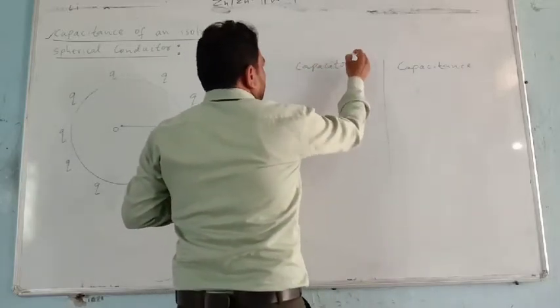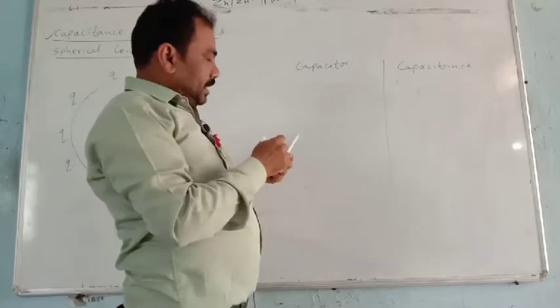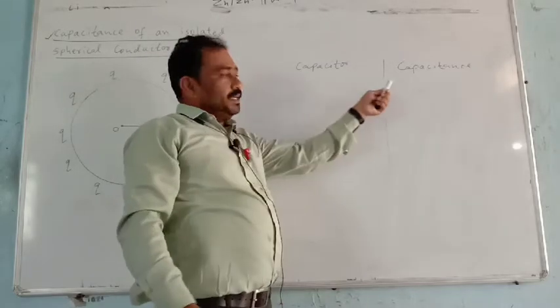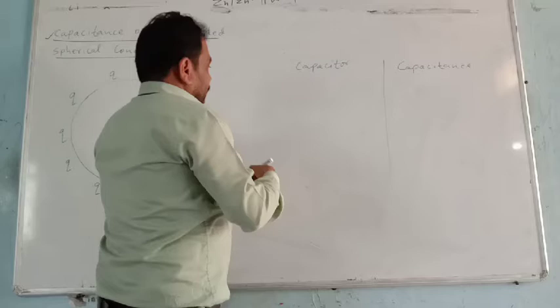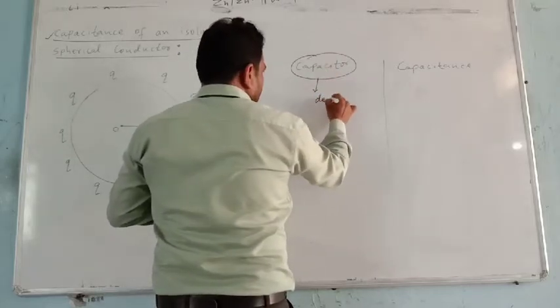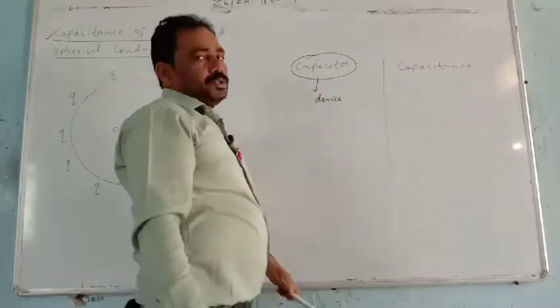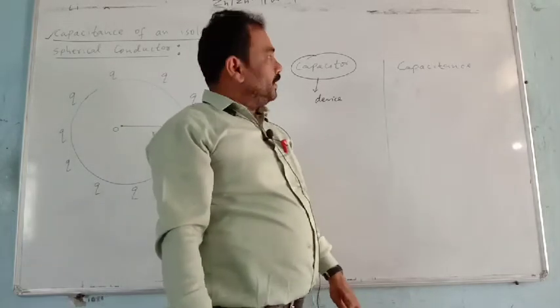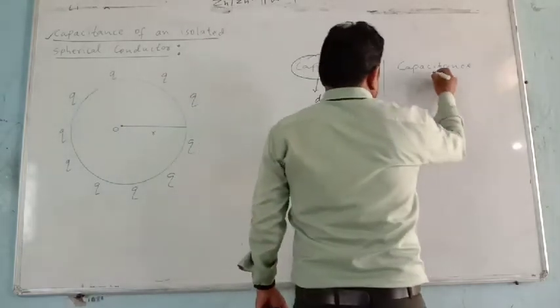Capacitor. So we have already derived the difference between capacitor and capacitance. Capacitor is nothing but a device to store electric charge. Okay, we know it. And what about the capacitance?